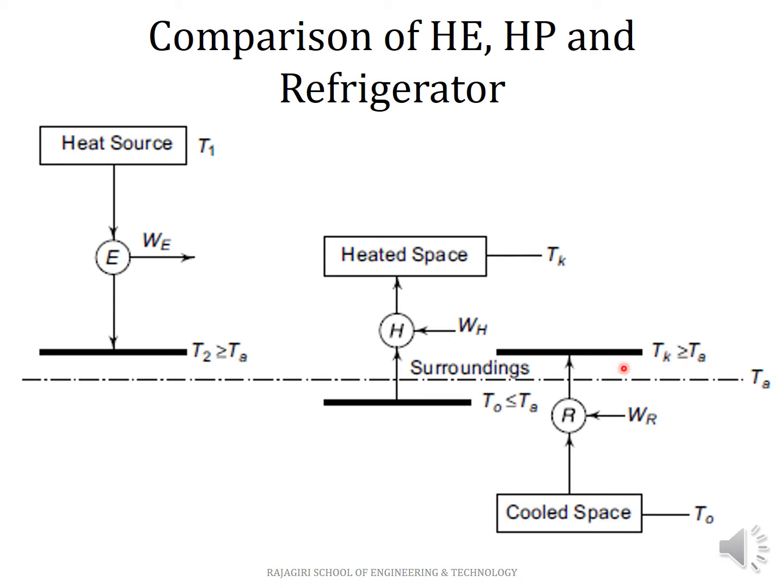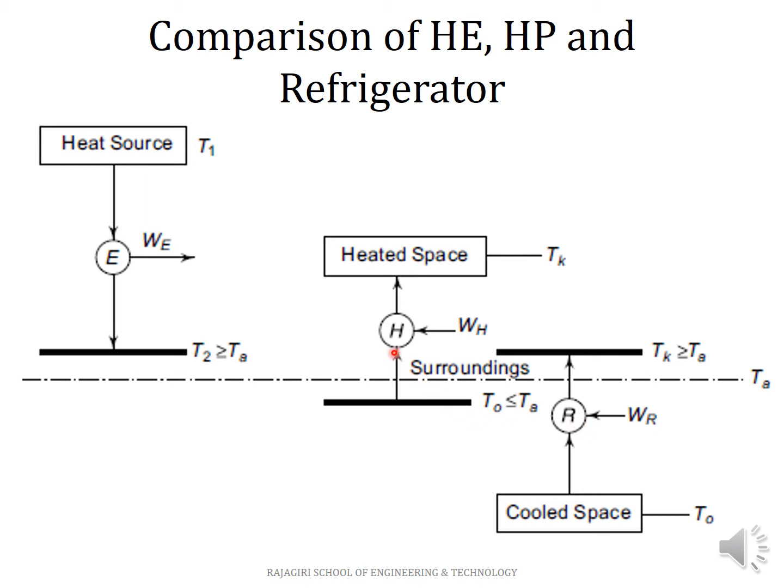You can see in the picture, the temperature of the high temperature thermal reservoir is greater than or equal to TA, and a lower temperature T0. So this is the temperature of the cooled space. This is the desired output of the refrigerator.